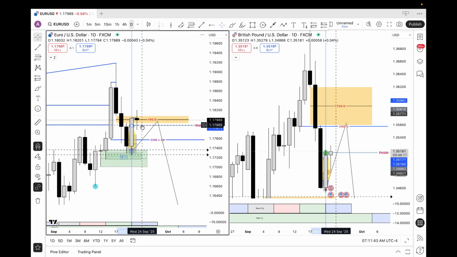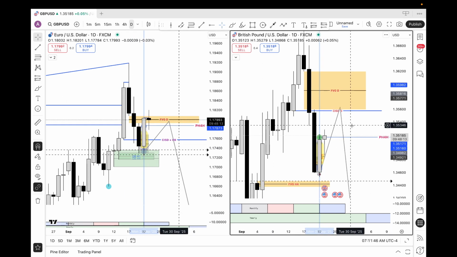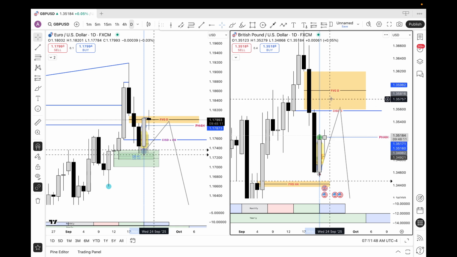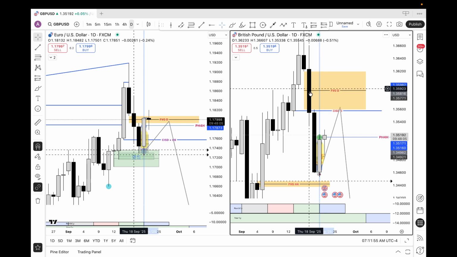That means our bias has turned bearish from now, but to turn bearish it needs to first tap the internal liquidity. For internal liquidity, our draw on liquidity was this very fair value gap, and currently we are also having a crack of fair value gaps in the daily time frame.